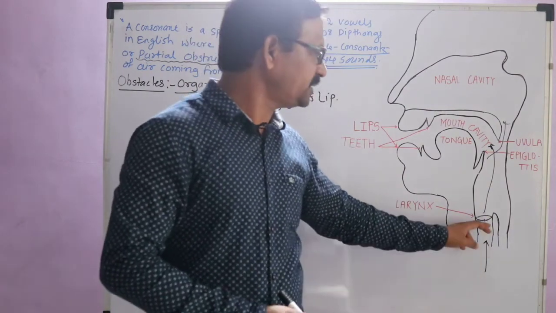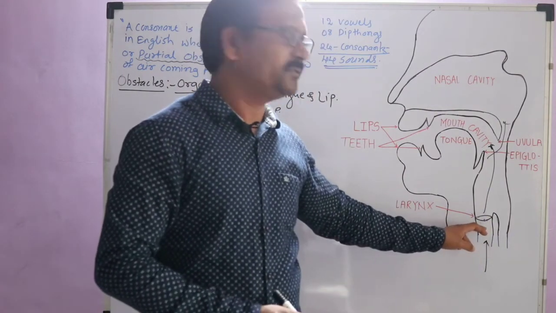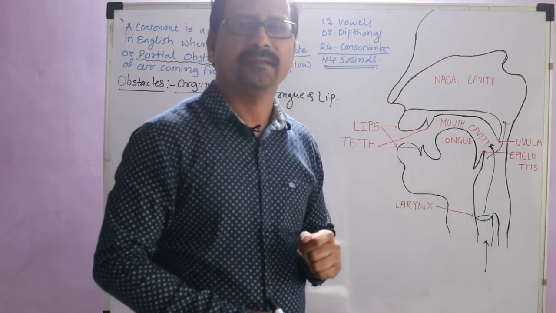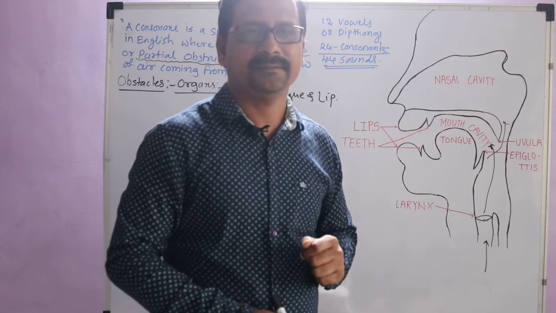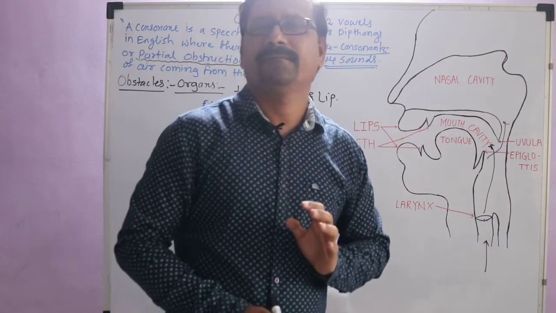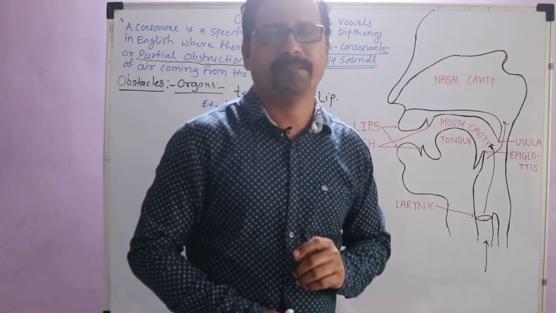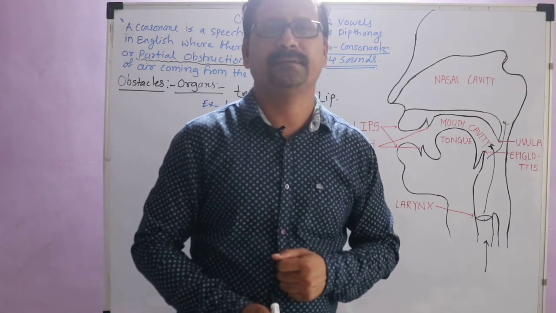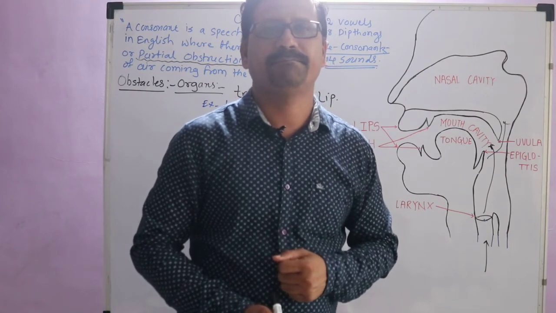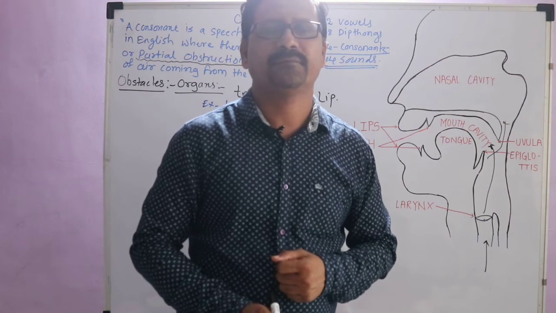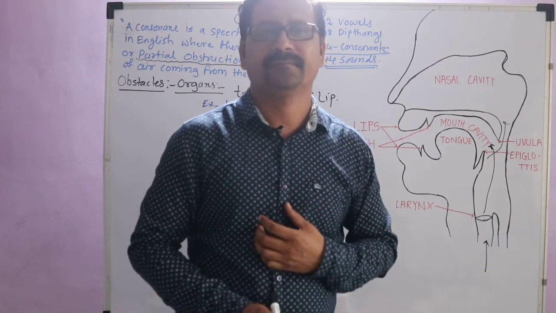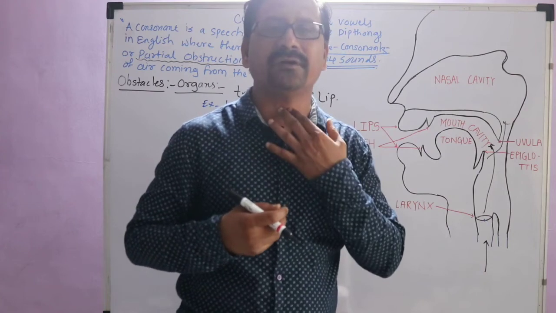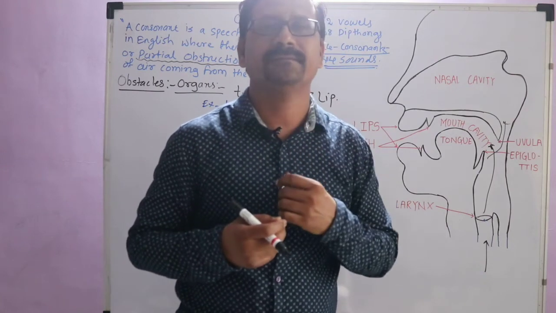So air comes without vibrating the vocal cords, it comes into the mouth, and when it comes into the mouth, how does the tongue play its role? If I pronounce the sound p, what happens in my mouth? The air comes from the lungs without vibrating the vocal cords, it comes into the mouth.